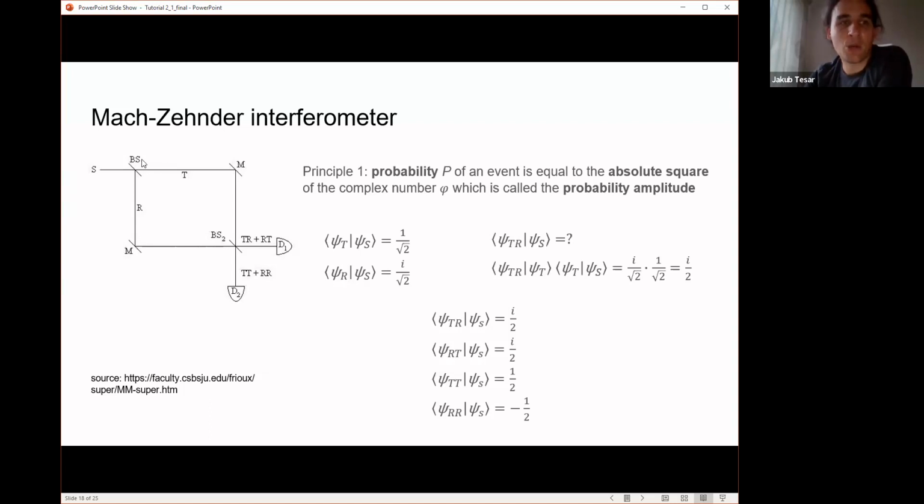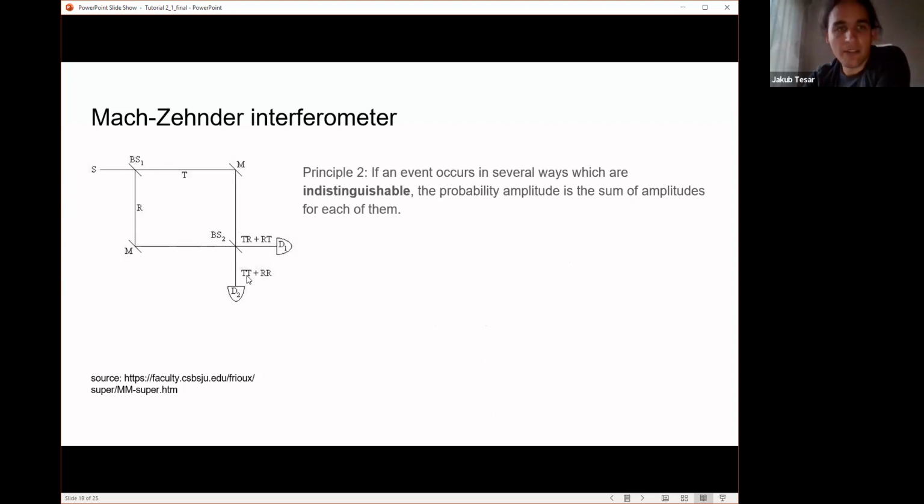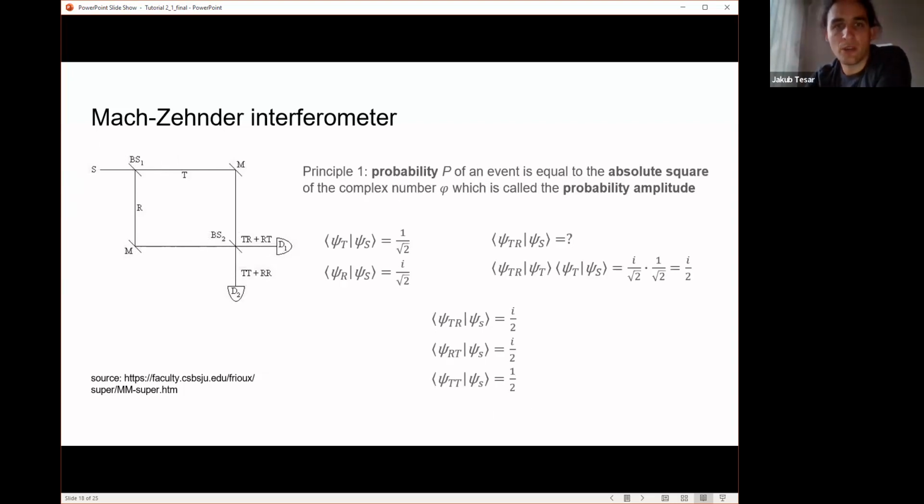Okay, so I'm talking about what happens on the splitters. Okay, so I will quickly use the other two principles. The first principle says that if we cannot distinguish between the two paths, meaning upper or lower, the probability amplitude is the sum of amplitudes for each of them. So for example, if I go back, I can use this path, transmission and reflection and transmission, to get to detector one.